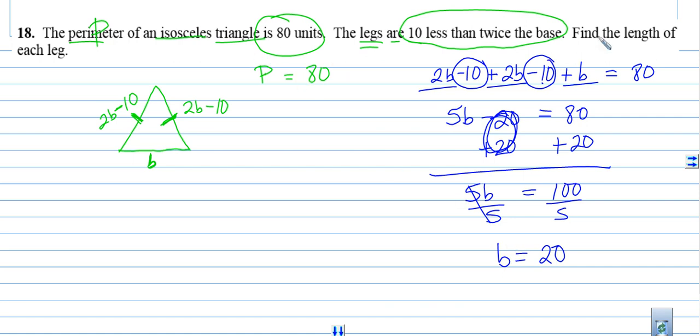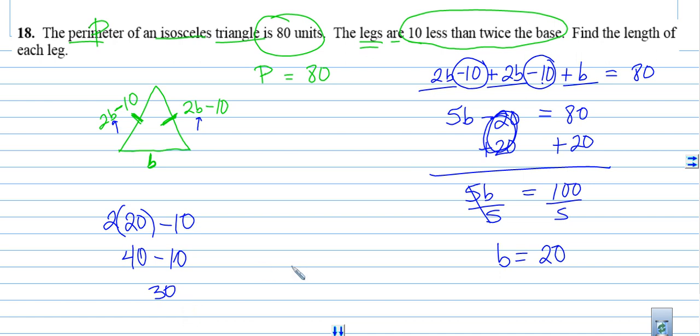So now it says find the length of each leg. Well, b isn't our leg, b is our base. So what we have to do is take that and plug that in for these b's. And so you get 2 times 20 minus 10. 2 times 20 is 40 minus 10 equals 30.